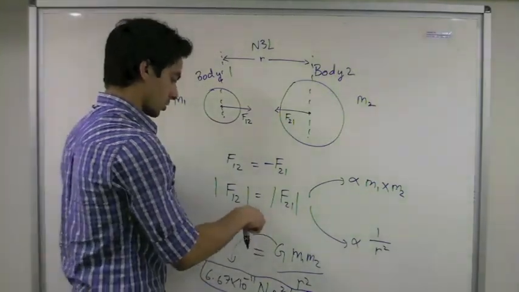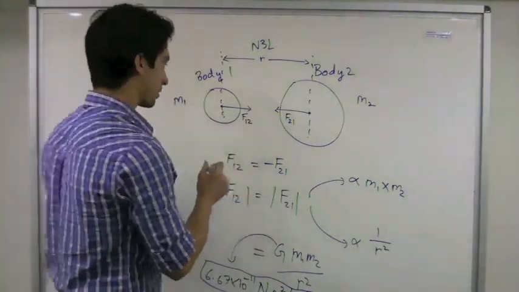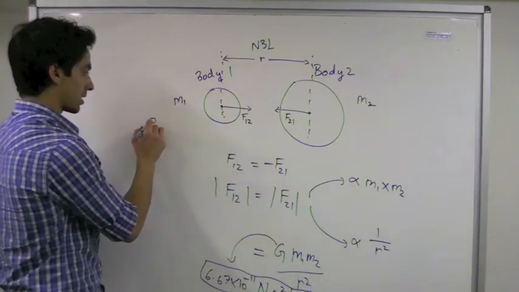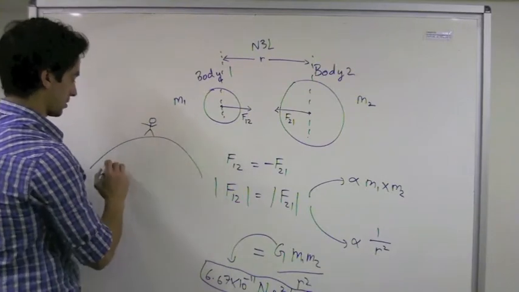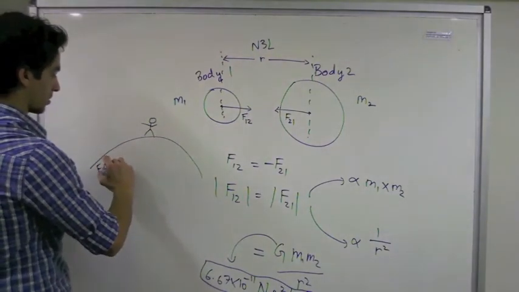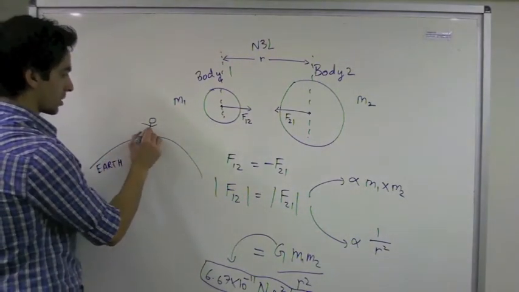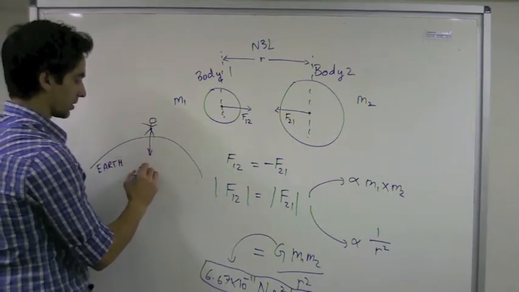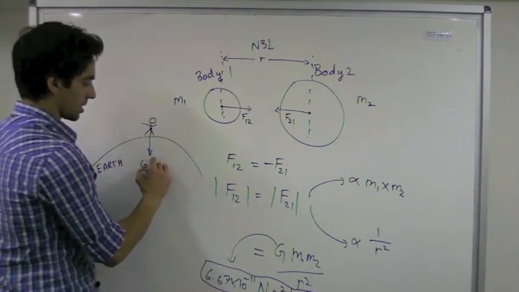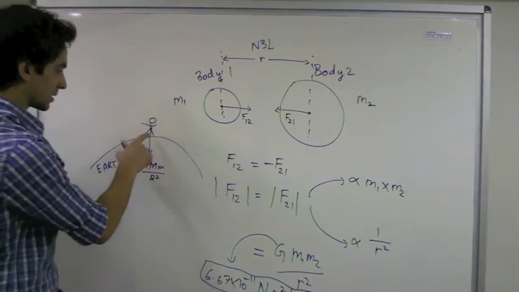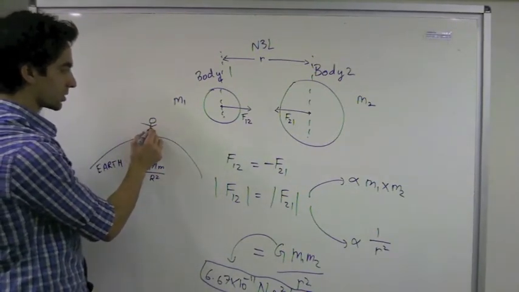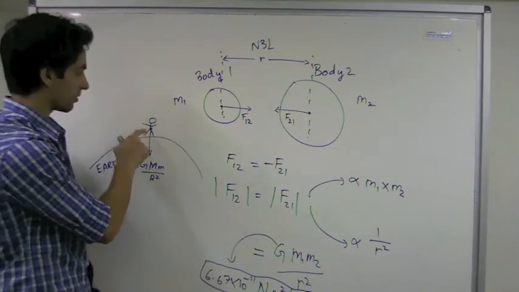Now, so any object, for example, a man standing on planet Earth, Earth is going to attract the man with a force of G M m over r squared. And notice that this force is concentrated at the center of gravity of the man.